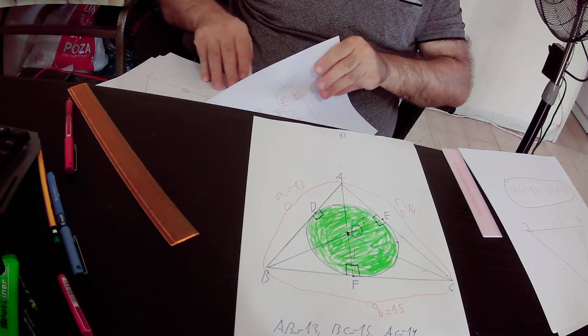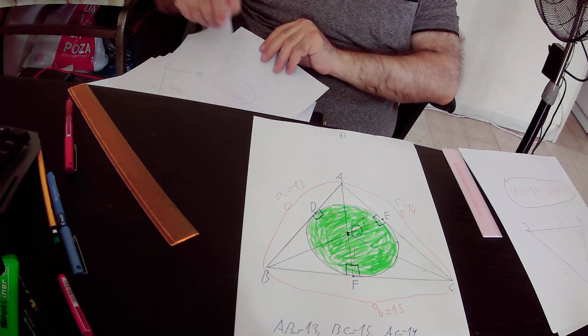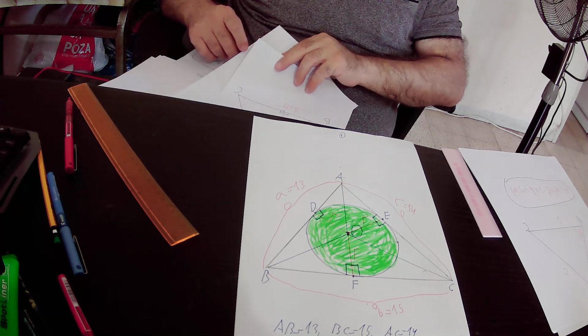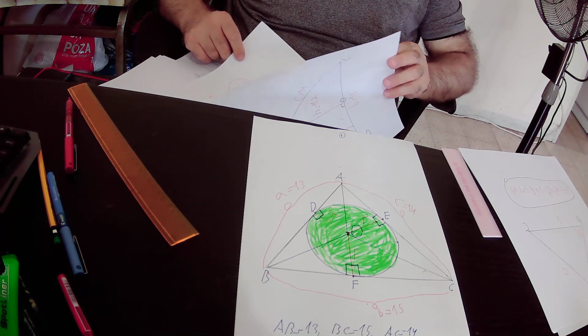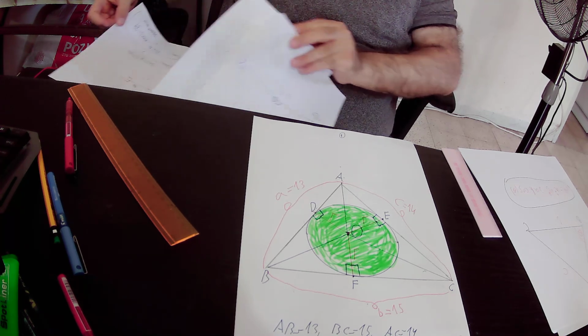Okay, again, the semi-perimeter of any triangle equals the sum of its sides over 2.